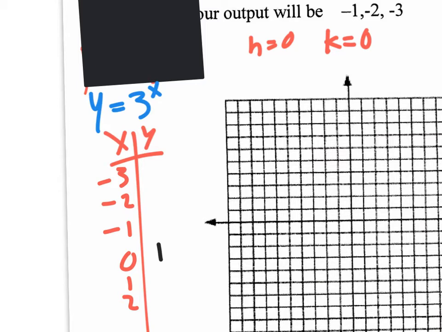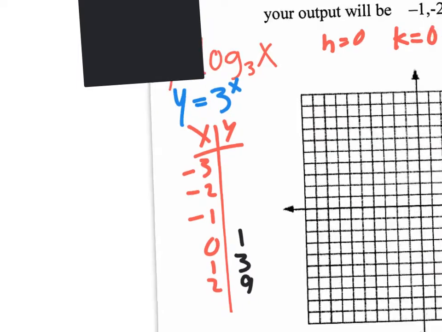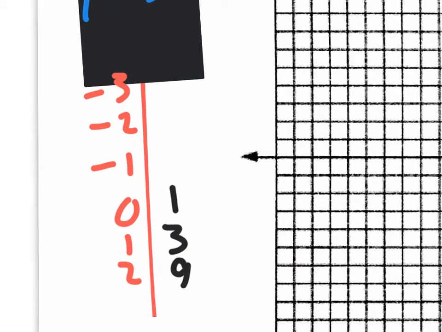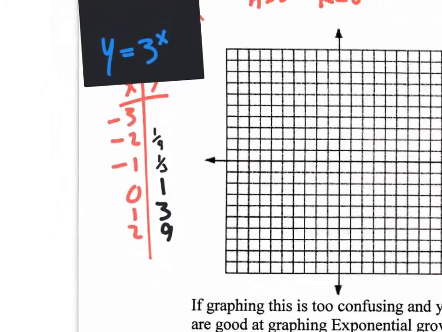The next output is going to be a 3, and the next output, 9. Going backwards, we'd have a 1/3, a 1/9, and we know it's getting smaller and smaller, infinitely closer to 0.